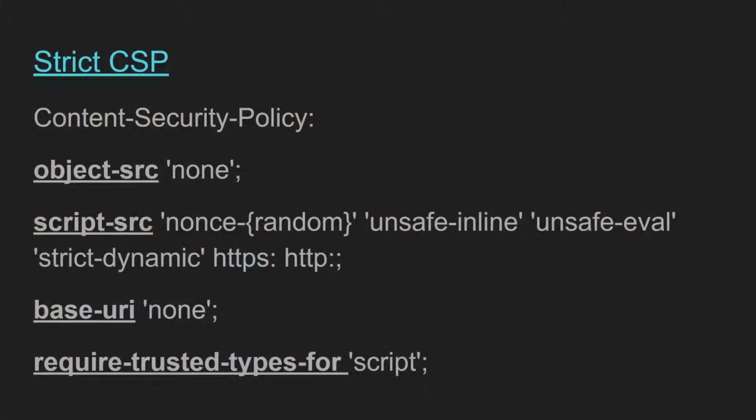If you still use object to load images, you might want to switch to the image tag. That is a strong suggestion, also because we will see in other episodes that there are things like Fetch Metadata that protect resources, and if you use object, you make it slightly harder to protect. So let's switch to the second, more interesting directive, which is script-src.